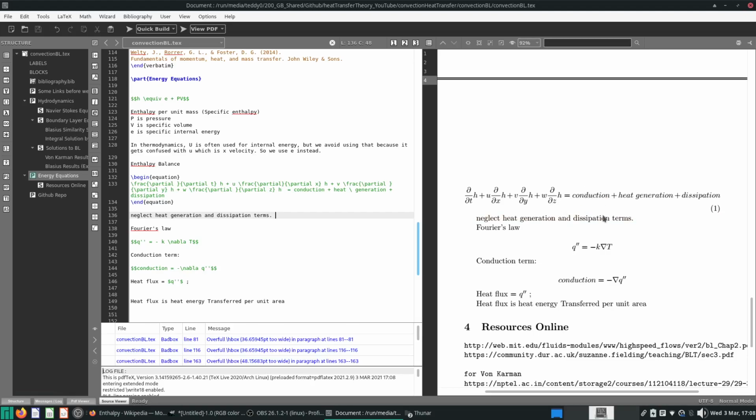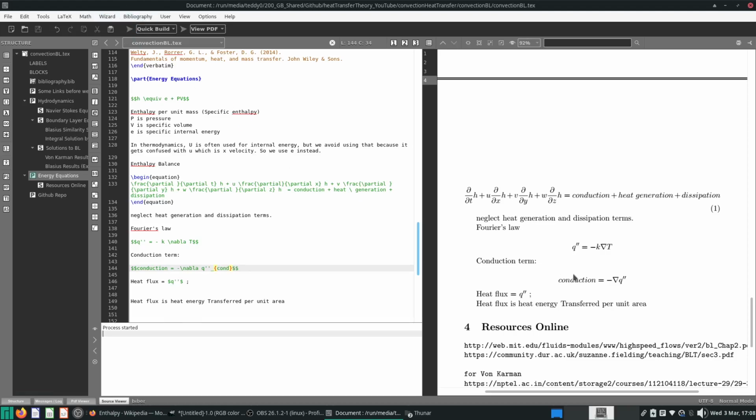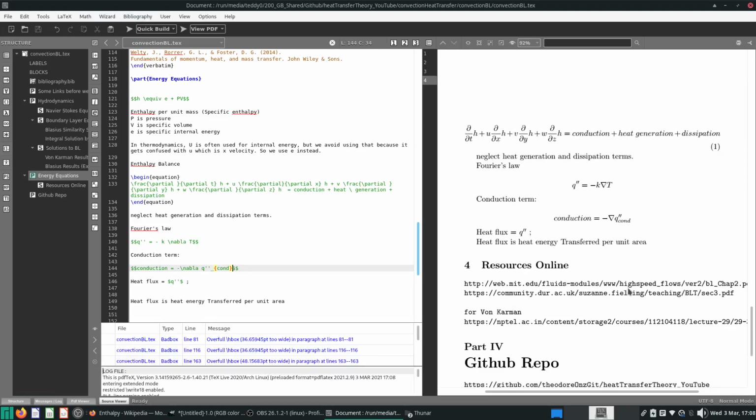And as you should know, conduction is done using Fourier's law, which is like so: k delta T. How much heat is being contributed via conduction is this term over here, the negative of the divergence of the conduction heat flux. So let me just make it clear: conduction heat flux is over here.